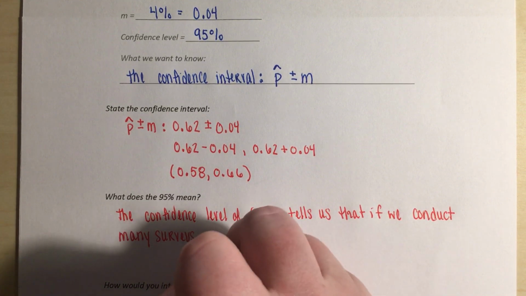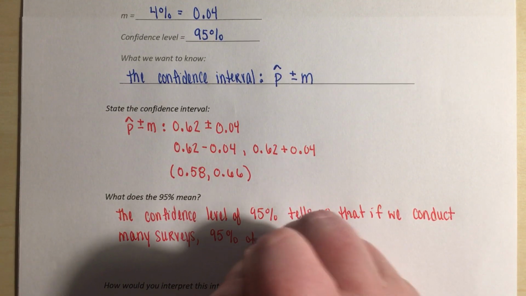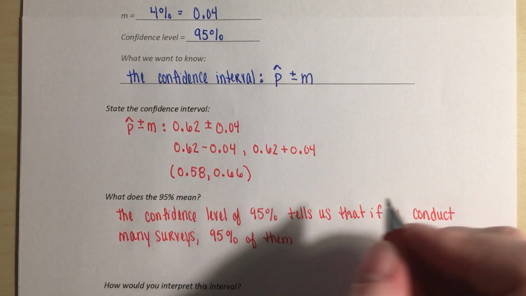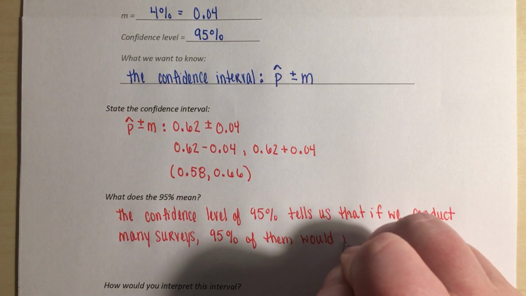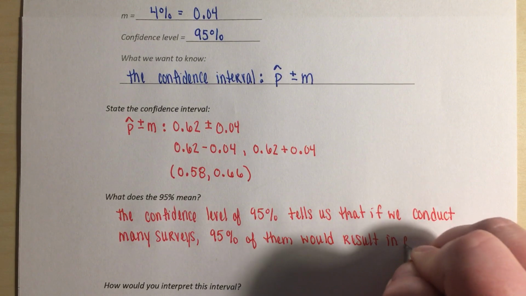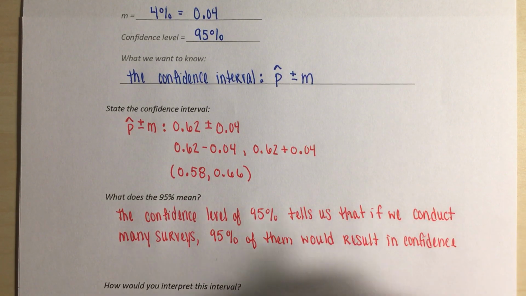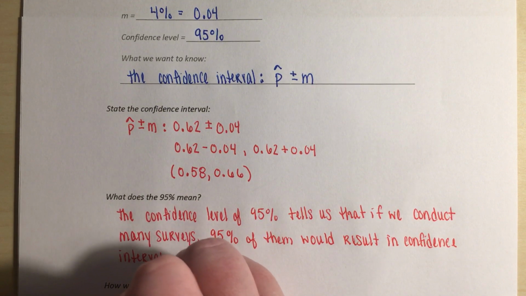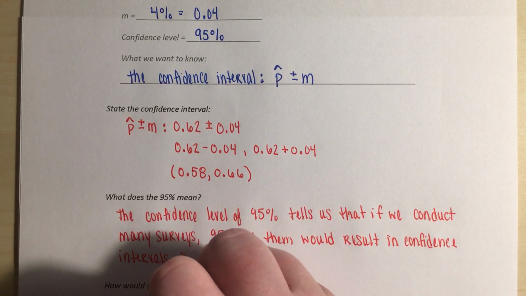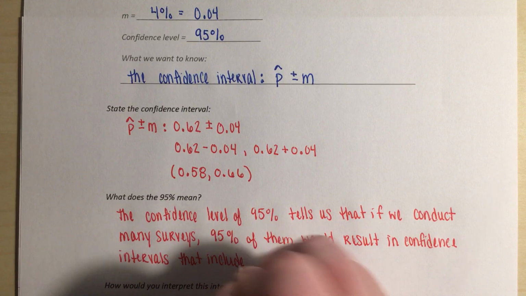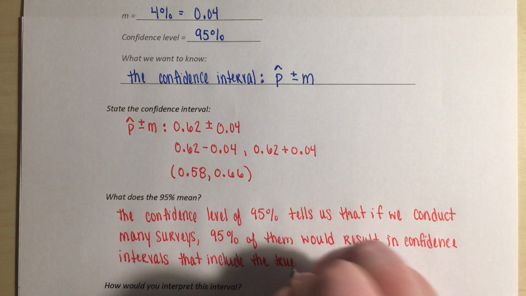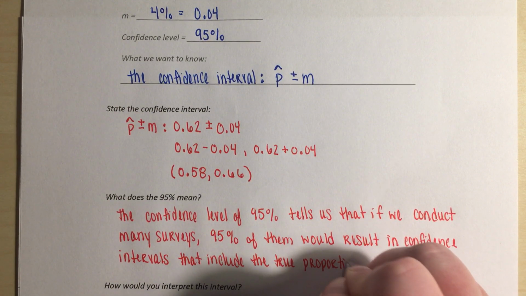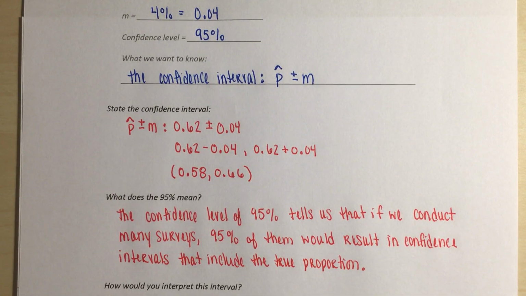So the confidence level of 95% tells us that if we conduct many surveys, 95% of them would result in confidence intervals that include the true proportion.